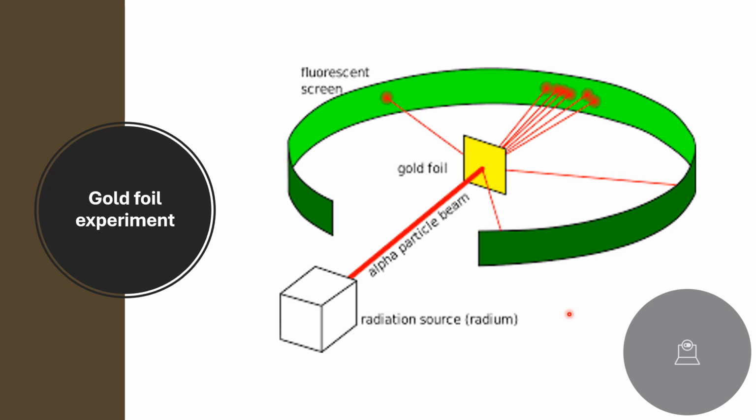When these alpha particles passed through the thin gold foil, they observed certain things. The first observation was most of the alpha particles pass through the foil.